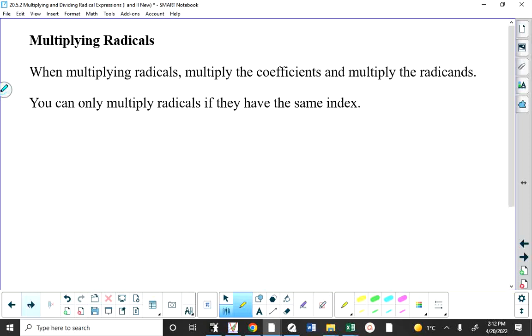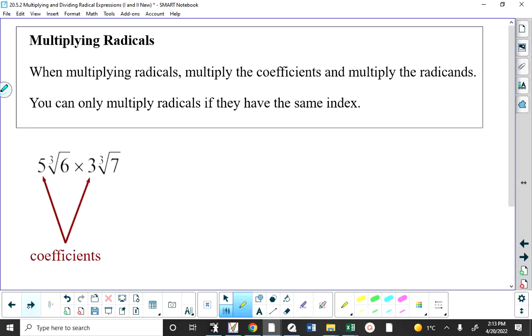So if you have cube roots times cube roots, you can do this. If you have square roots times square roots, you can do it. But you cannot multiply cube roots by square roots. There's nothing you can do with them. It's like me asking you to multiply x times y. What do you get? xy.